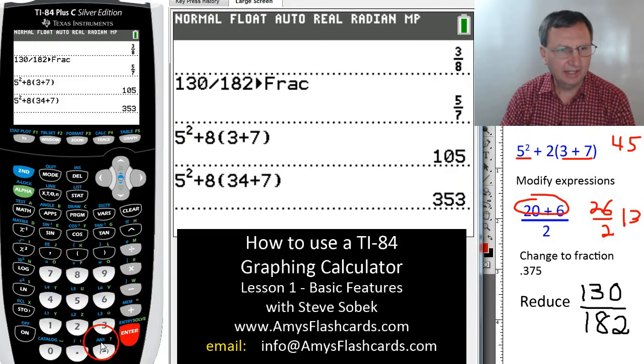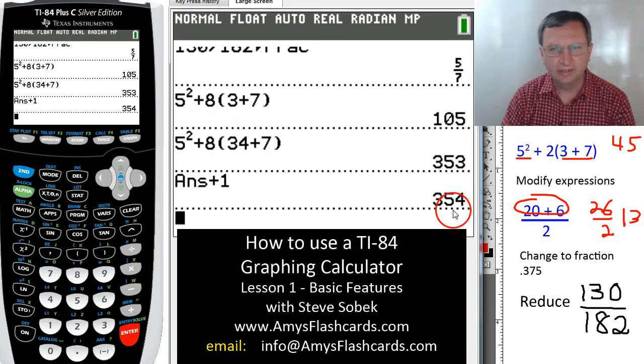And here it is, ANS, that blue text right above the negative sign. So if you just hit second ANS, you could use that plus, let's say plus 1. And that takes the previous answer, 353, plus 1, which would be 354, just as we expected. Okay, so there's a few things that will come in handy.